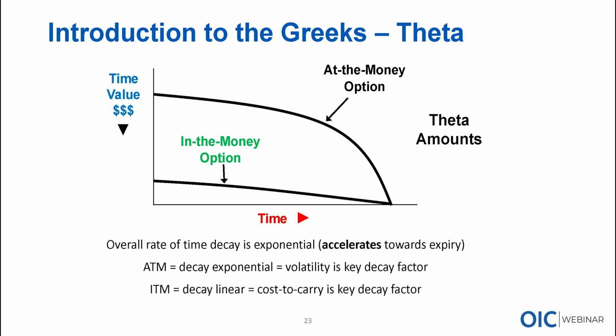But here's the key fact of theta, and the reason we're looking at it when it comes to option buyers is this. As you can see, theta is not constant, meaning that 3 cents that we talked about on the previous slide isn't going to be 3 cents every single day until expiration.